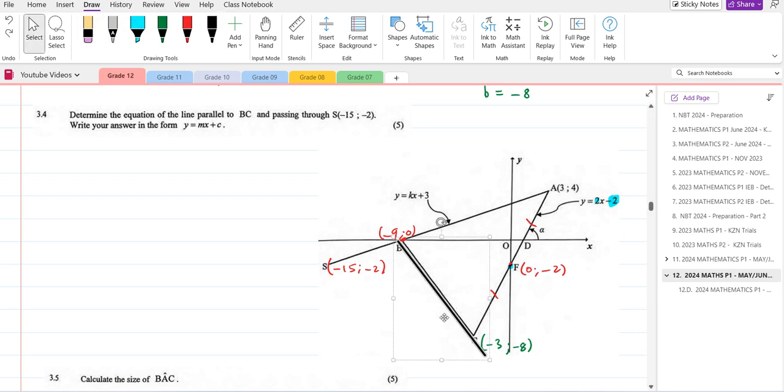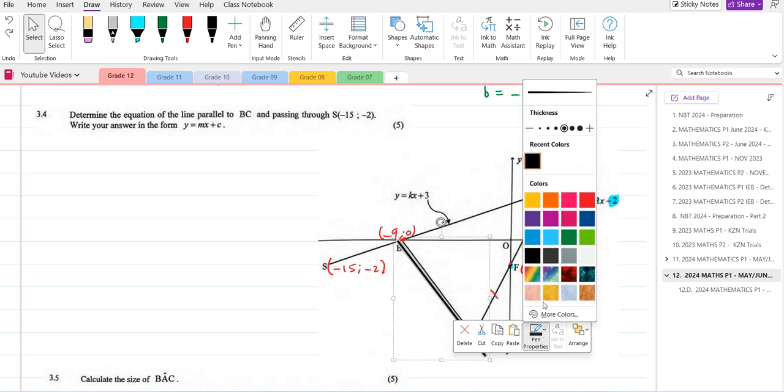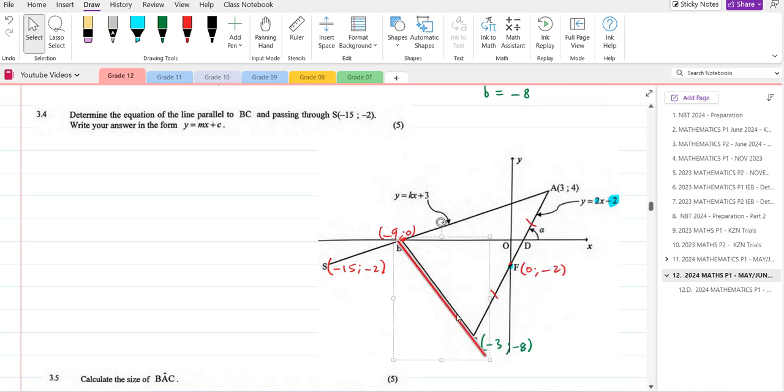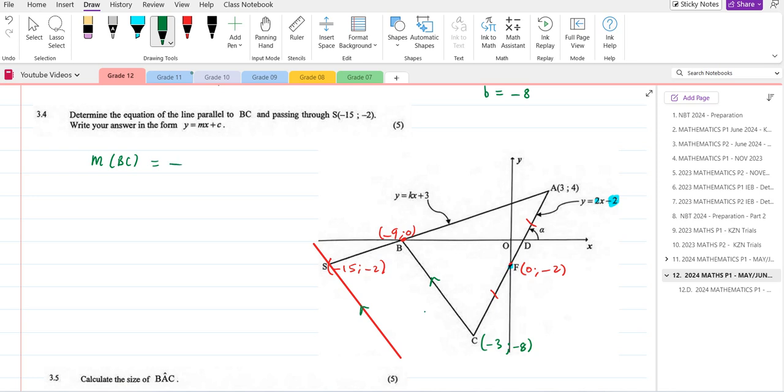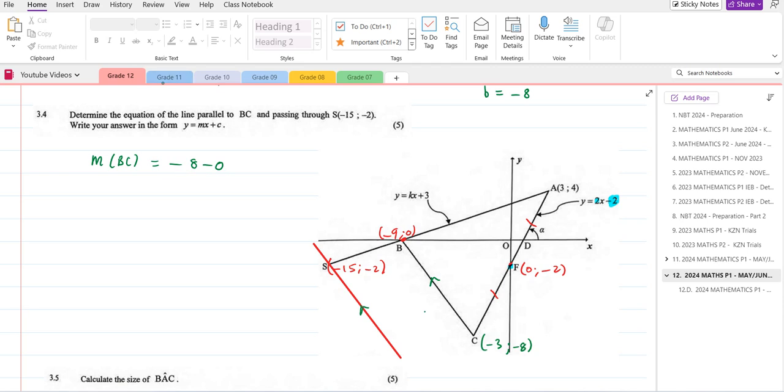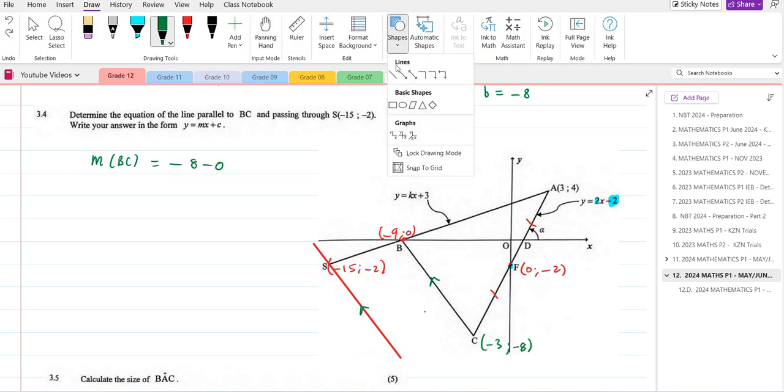Alright, so what we're doing is we're trying to find the equation of this line, right? It passes through the point S. Because it's parallel, remember parallel lines have the same gradients. So first we're going to find the gradient of BC and transfer that gradient here, and then it passes through the point S. So what's the gradient of BC? Gradient of BC is minus 8 minus 0, y2 minus y1, over x2 minus x1.